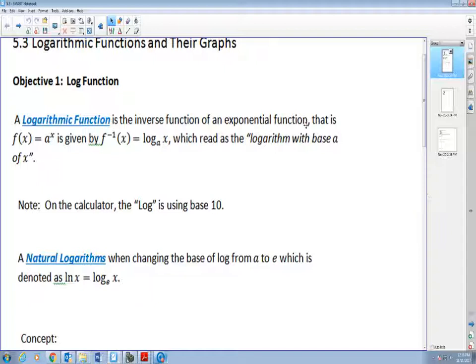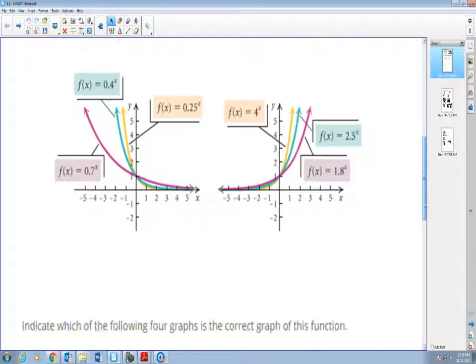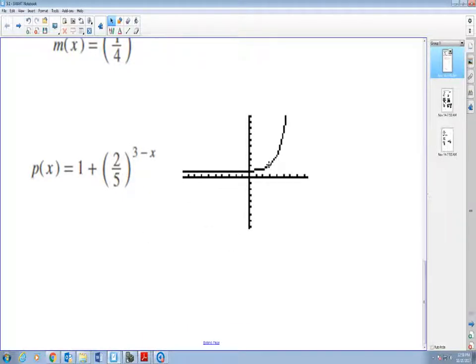As you can recall, back in the Chapter 3 lecture video series, we talked about inverse functions. It has to be a one-to-one function in order to have its inverse. So if we go back to 5.1 and look at the graphs of these exponential functions, for this exponential function to have its inverse, it has to be a one-to-one function.